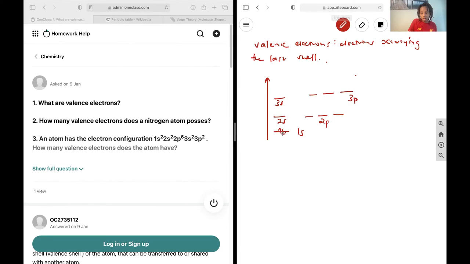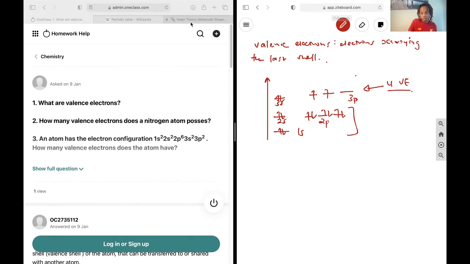And so we'll have the 1s2, 2s2, 2p6, 3s2, 3p2. And so we see these ones are all filled up. This level isn't yet. And so we have 1, 2, 3, 4 electrons on it. So we have 4 valence electrons for whatever this is.